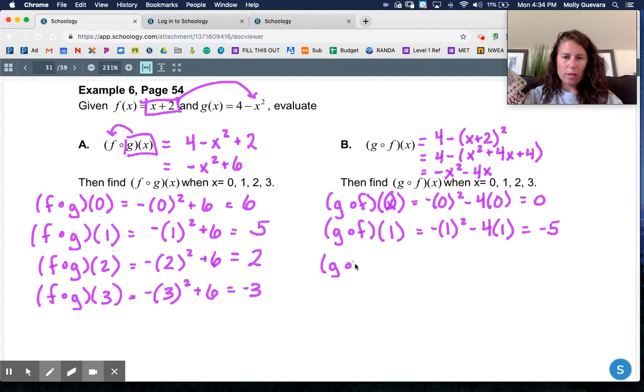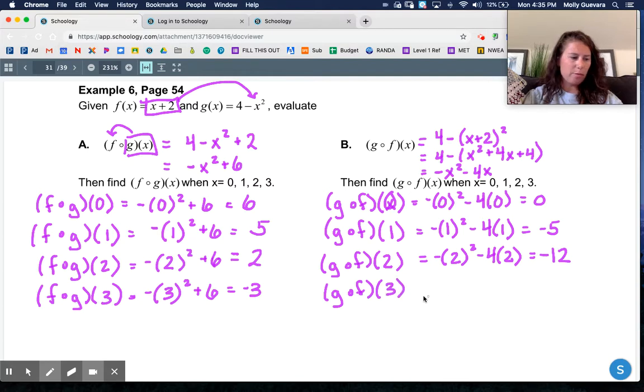G with f of 2, negative 2 squared minus 4 times 2. So this is negative 4 minus 8, which is negative 12. And then last, but certainly not least, we're looking at the value at 3. So we have negative 3 squared minus 4 times 3. So negative 9 minus 12 is negative 21.